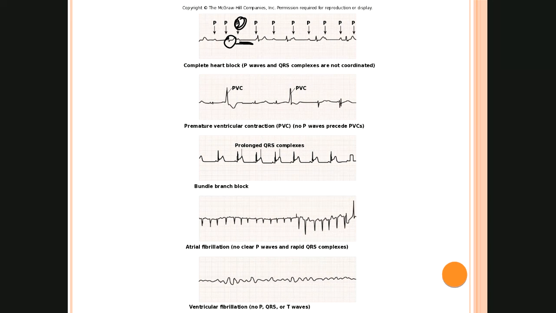So that delay is due to a block. This is a premature ventricular contraction, right there. This right here is showing you a block. In this case, the block is in the bundle branch, which creates a prolonged QRS signal.